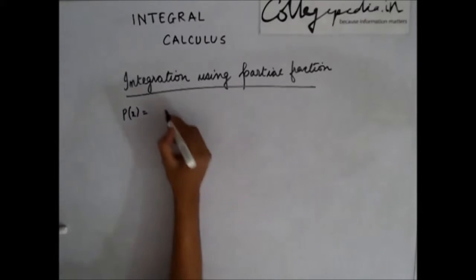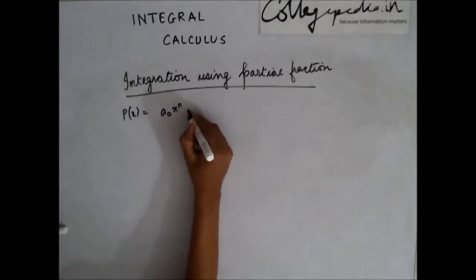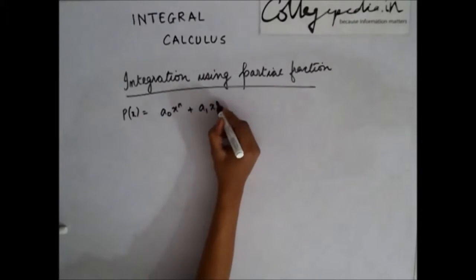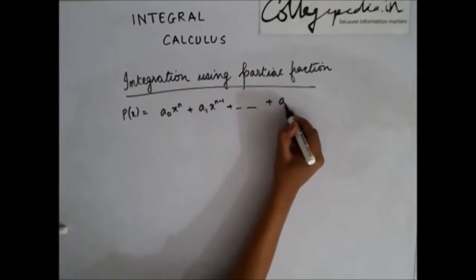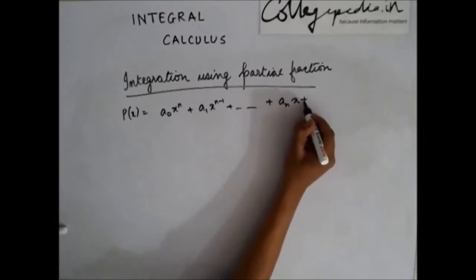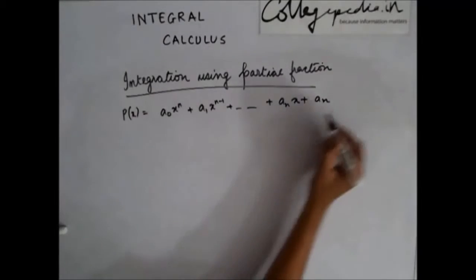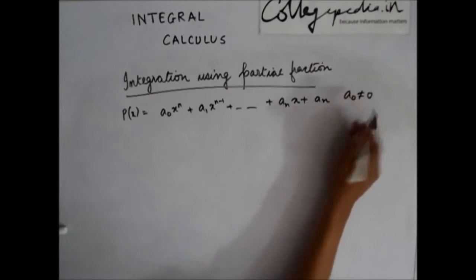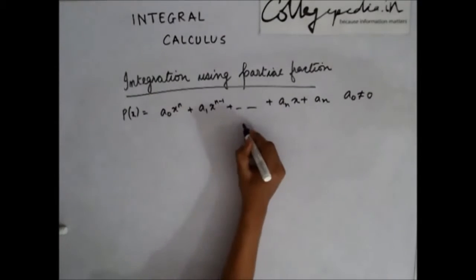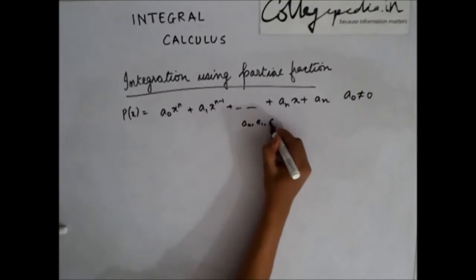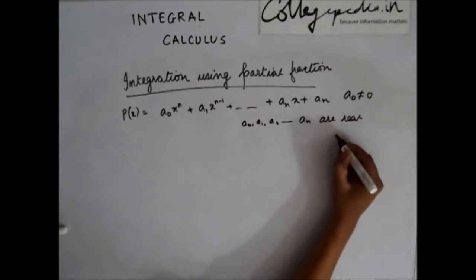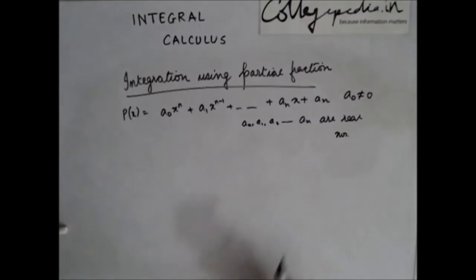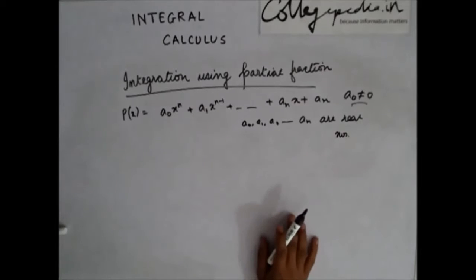Any function of the form a0 x to the power n plus a1 x to the power n minus 1 and so on, given that a0 is not equal to 0 and a0, a1, a2 till an are all real numbers. Now this function, if it satisfies these two conditions, is known as a polynomial.